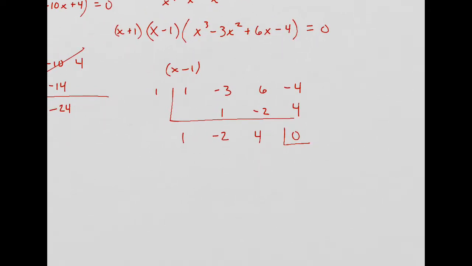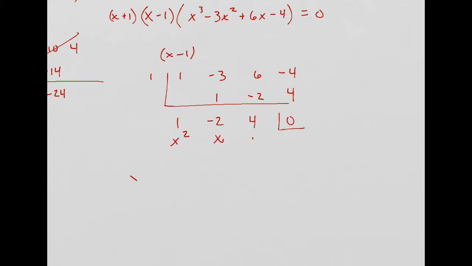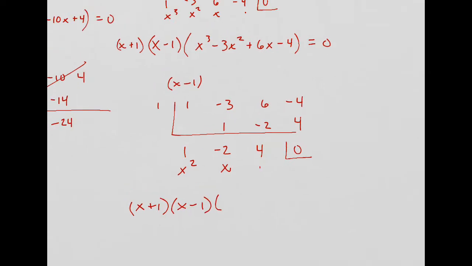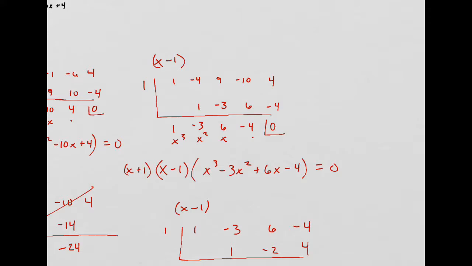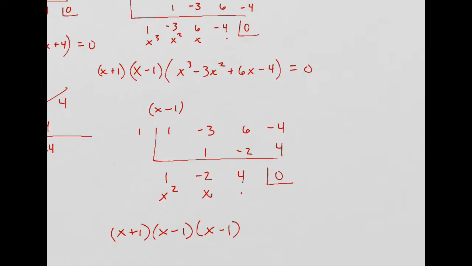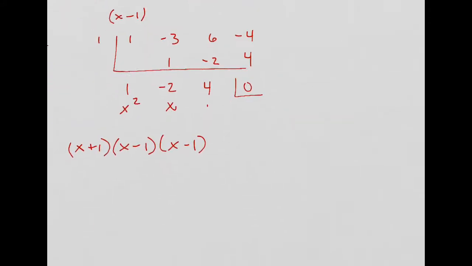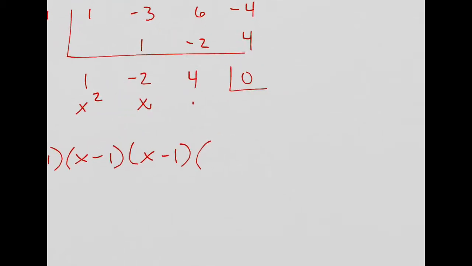And so, again, constant x squared. So I get x plus 1, x minus 1, and then another x minus 1, right? Because I had stuff there, and then the x minus 1. So one of the x minus 1s came from here, because it worked, and then the other one came from there. Sweet. Look at, we're just factoring away here.